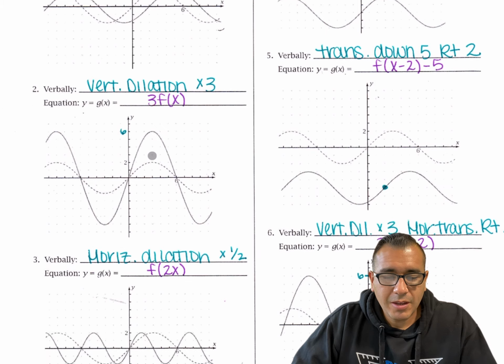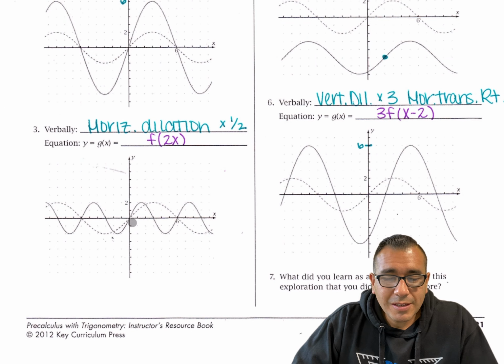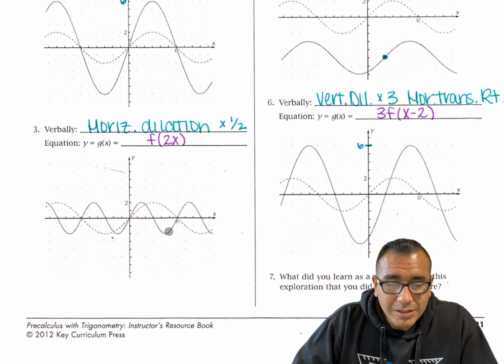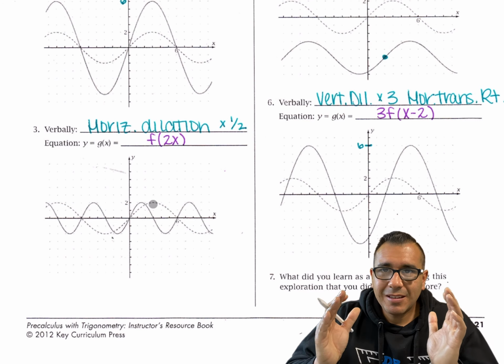All right, so number 3 here. What's going on with this function? Notice it's a dotted line here, and let's pick a point. Look at the height right here, the dotted line is at 3. Now all of a sudden it's getting compressed.